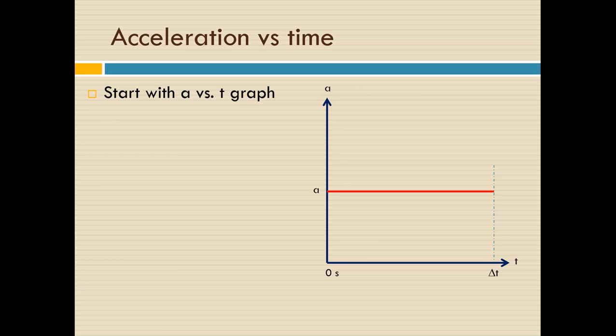What's the area underneath the acceleration versus time graph going to give me? The change in the velocity, correct. So therefore, since the area is equal to the change in velocity, the base is the time interval, delta t, and the height is the acceleration a. So I can write v minus v0 equals a times t.